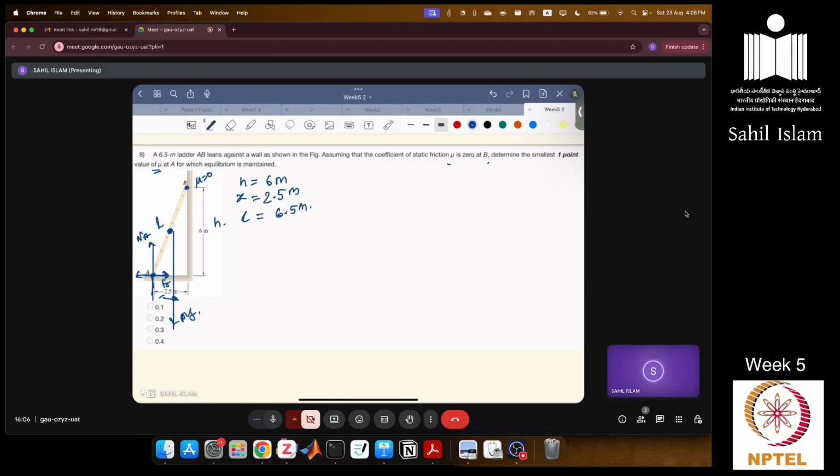So here you can simply write the mg should be balanced by this normal reaction, normal force, and this Na equals frictional force by mu, right? So mu becomes frictional force by mg.